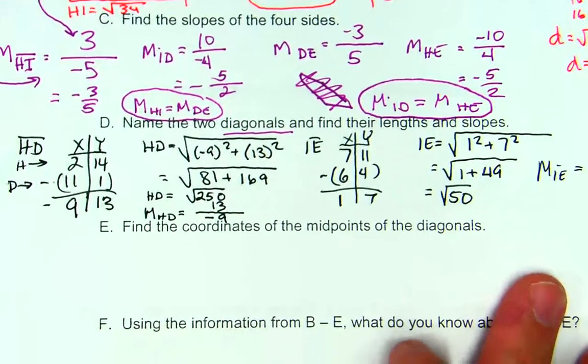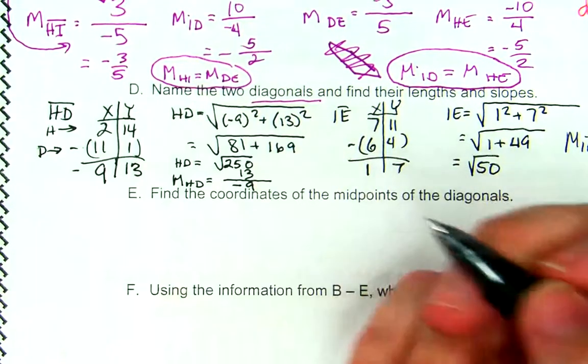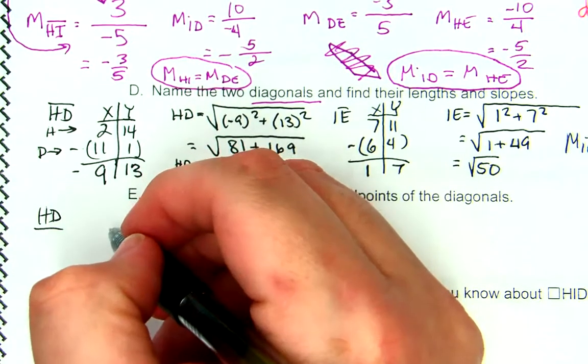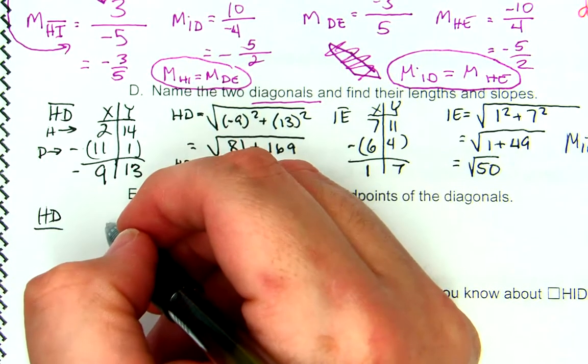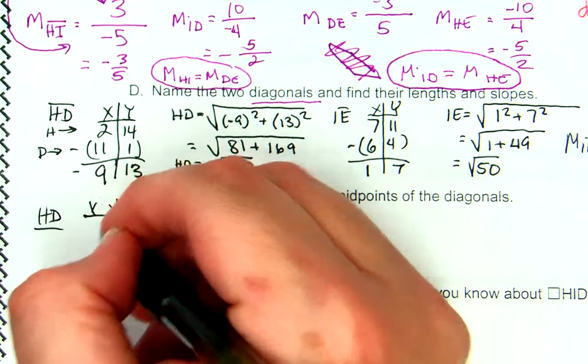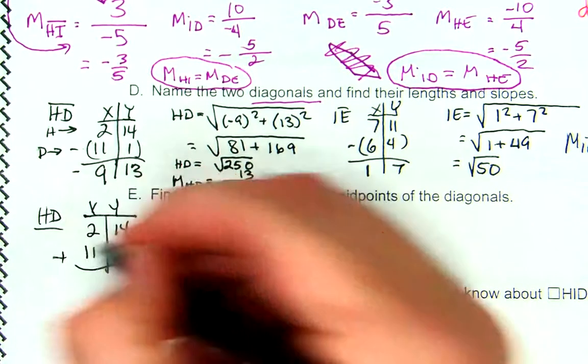And now we've got to find the coordinates of the midpoints. So I need to take for HD the same values for x and y, 2, 14, 11, 1. Now I'm going to add them.